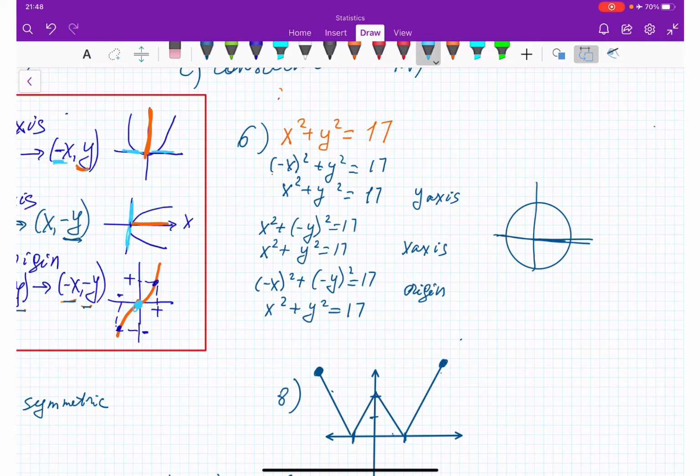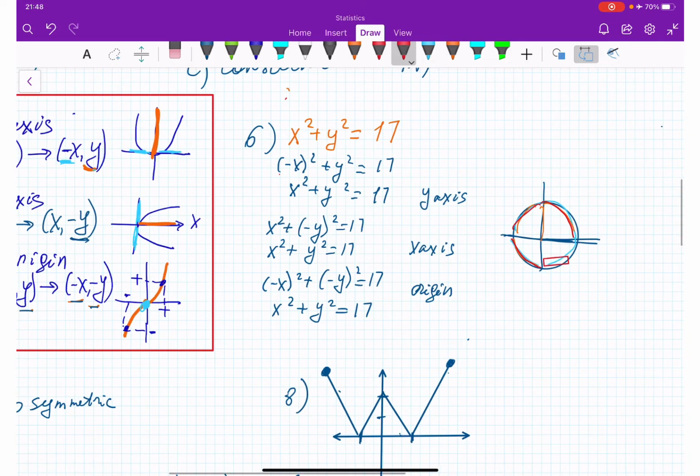right? This piece here and this piece here, and also this to this, right? Symmetric to y, like this, and then this and this, symmetric to y, and symmetric to the origin also, if you take this piece or this piece with this piece.